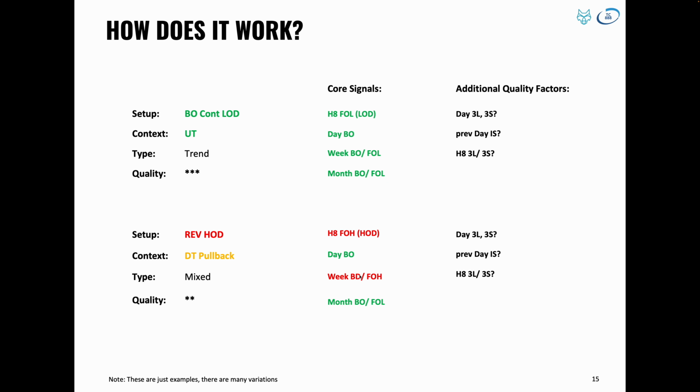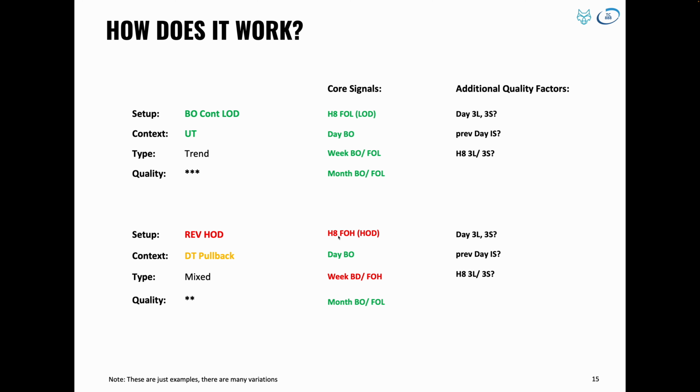So we are in a downtrend, but the day breaks out. So it's a pullback to the weekly bias. Then we get an 8-hour fake out high of day on the day. So the day broke out, but we're now potentially trading a reversal on the high of the day. That's why it's a reversal high of day, mixed trend, 2 stars in this case.